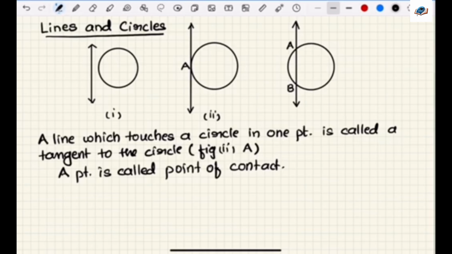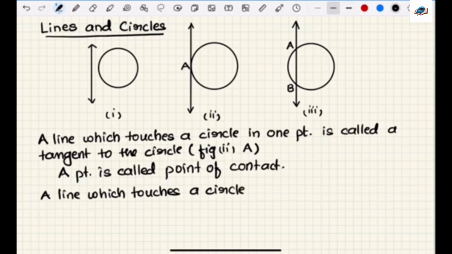or the contact point. Now, in the third figure, if you see carefully, the circle is touching 2 points on the line. So, such a line which touches the circle in 2 points is called a secant. So, I can say a line which touches a circle in 2 points is called a secant.